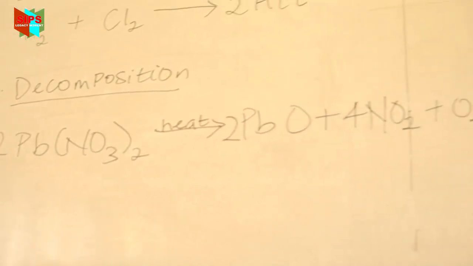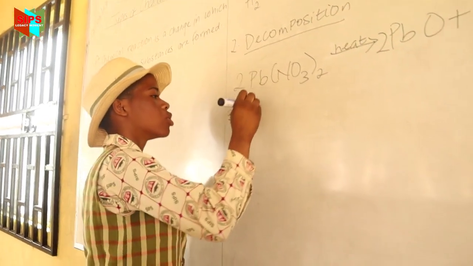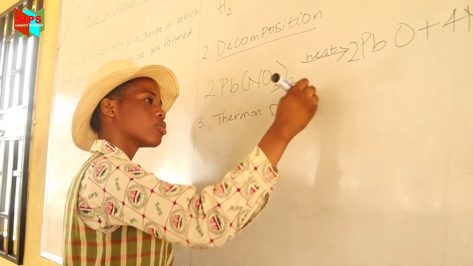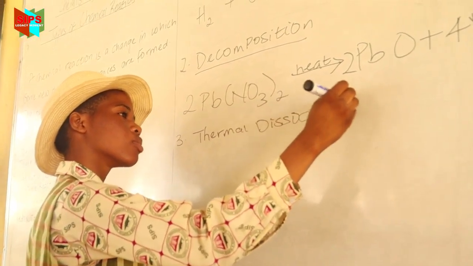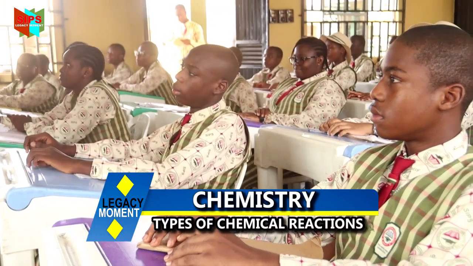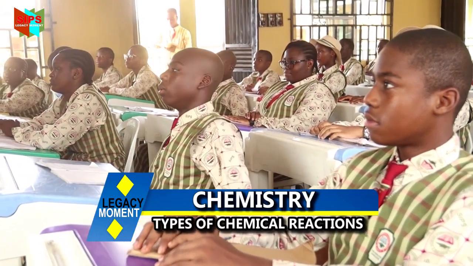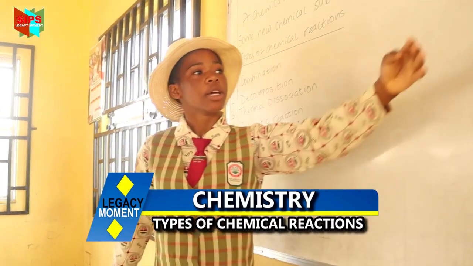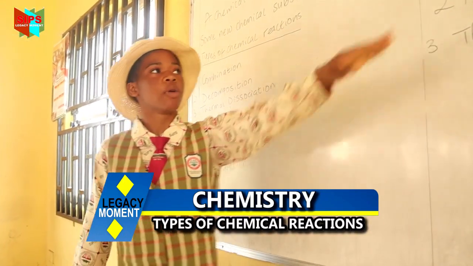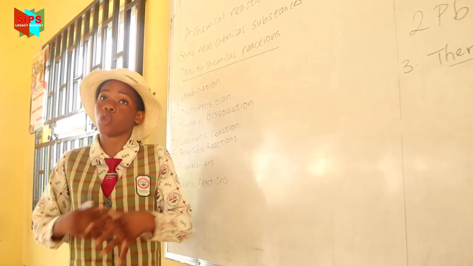Next, we have thermal dissociation. Thermal dissociation is like decomposition reaction, but there are two unique characteristics of it. That is, thermal dissociation always requires heat, whereas decomposition can require heat or not.